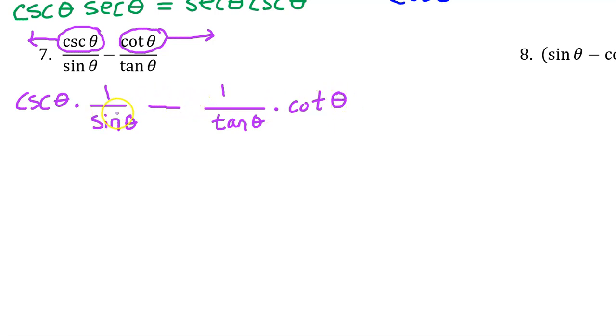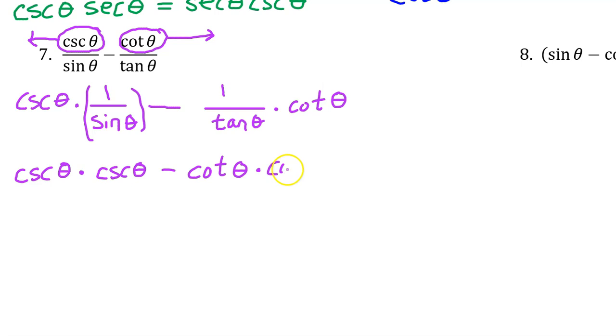The point of this is that I have now revealed that we have cosecant theta times 1 over sine theta, but wait a minute, 1 over sine theta is another cosecant theta. So on the next step we can write cosecant theta times cosecant theta minus. Similarly, 1 over tangent theta is another cotangent theta. So we have cotangent theta times cotangent theta.